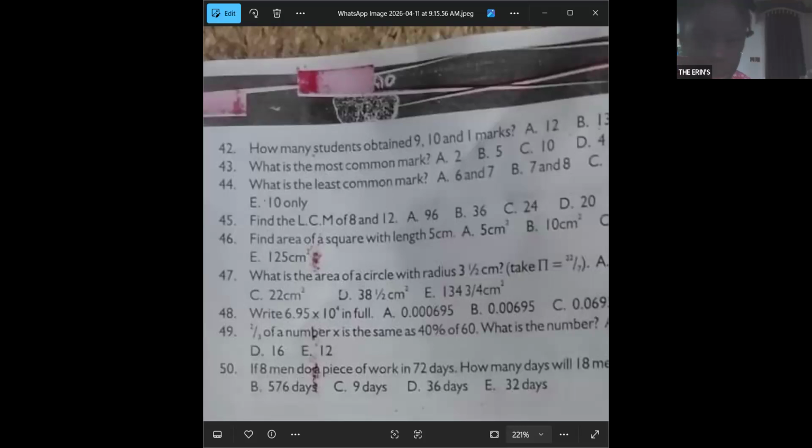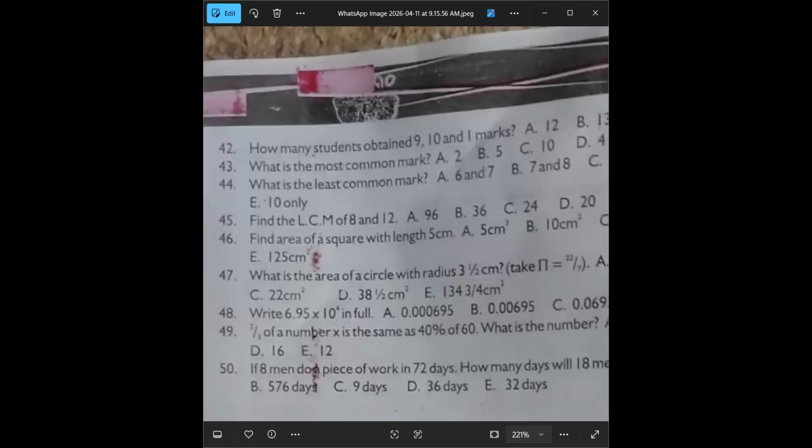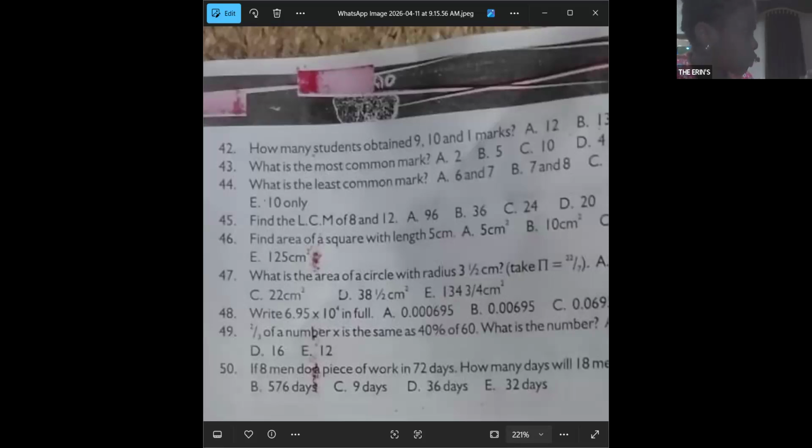Yes, sir. Okay. So for a square, all sides are equal. They give us the length as 5. So we're going to do 5 times 5, which is 25. It's just 5 times 5.